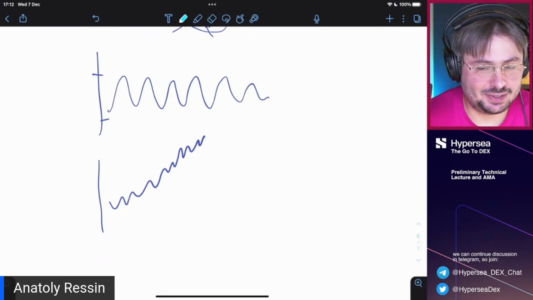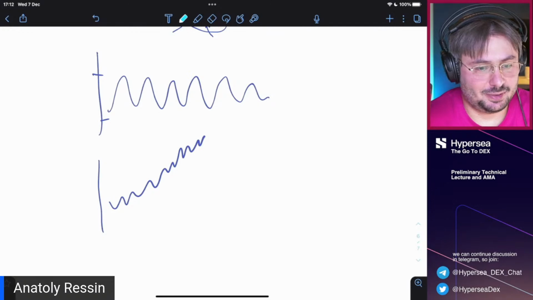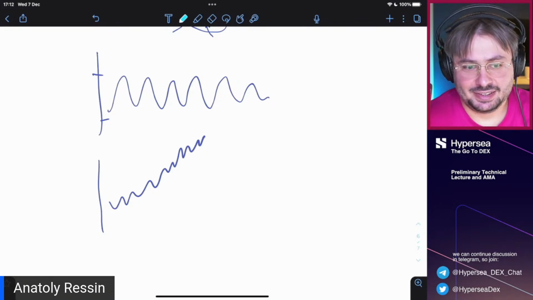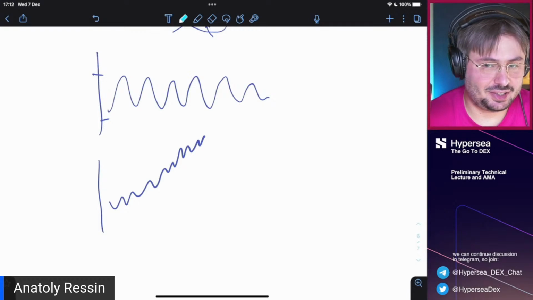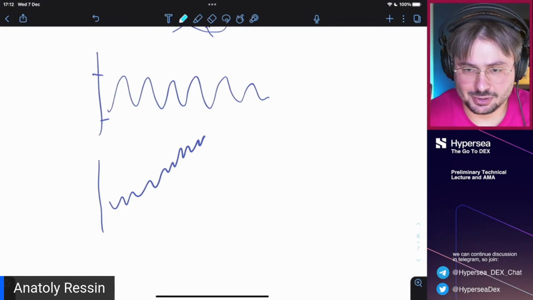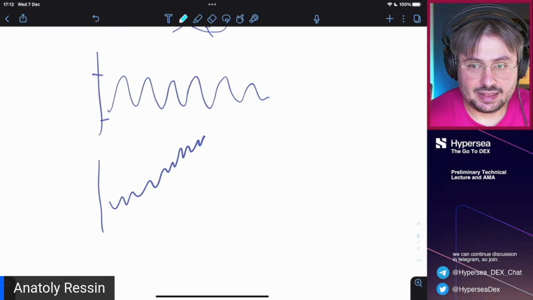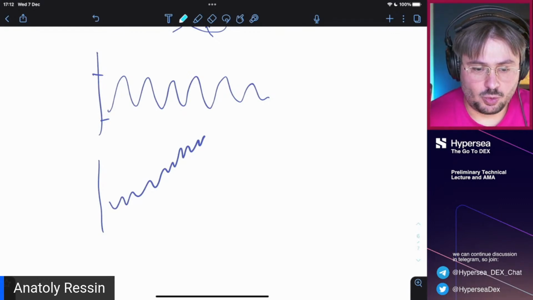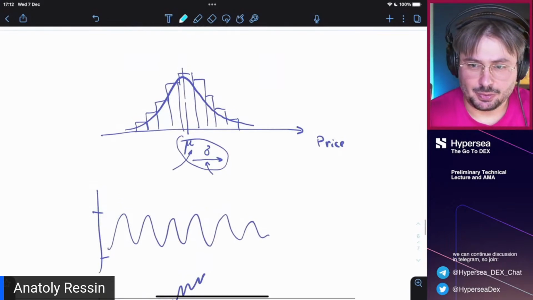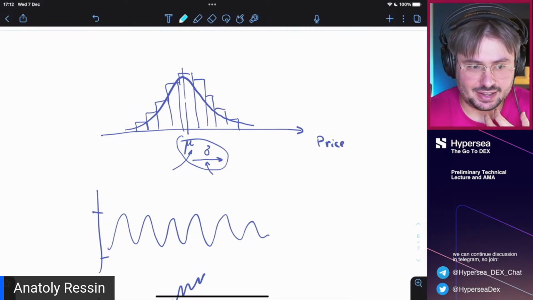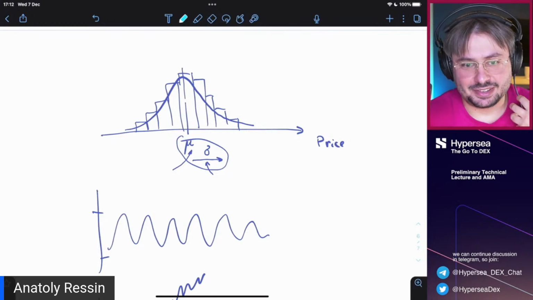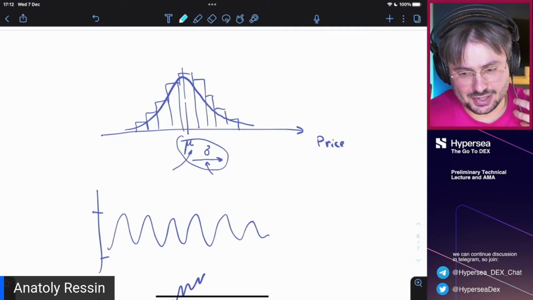So this is why now we are tending to call it not impermanent loss, we call it divergence loss. Divergence loss captures the essence of the losses. And this happens because Uniswap-like exchanges are not following the price except by trades.